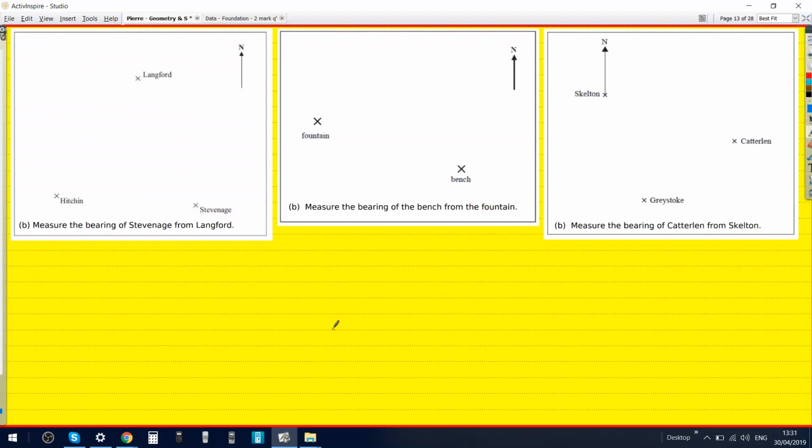Okay, how do we do top left? Top left. Okay. God, I've not studied this yet. Actually, I've not looked at this properly. Measure the bearing, Stevenage.